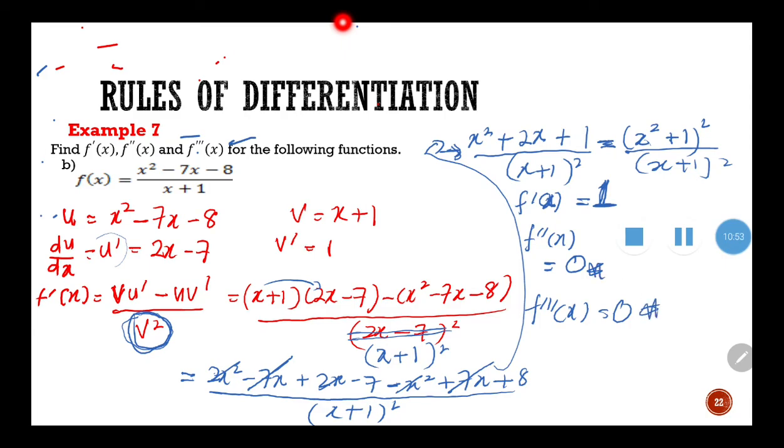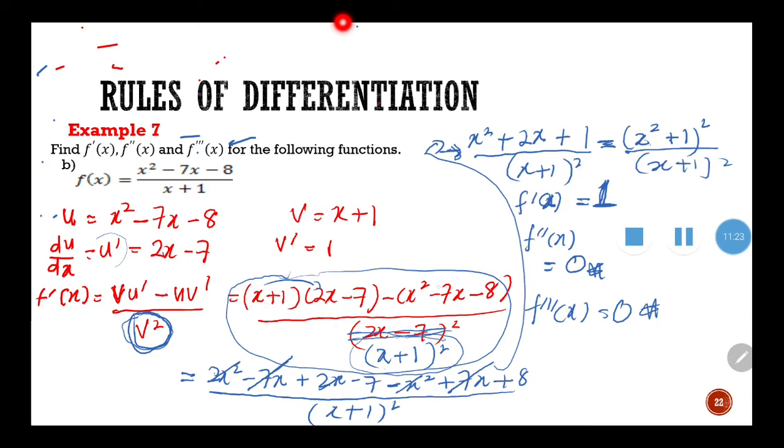See? If you didn't try to simplify the function, you may have had trouble differentiating this, right? You would just proceed to get f double prime x, and your v would become x plus 1 square. So you may have trouble differentiating what is dv dx for x plus 1 square and so on.